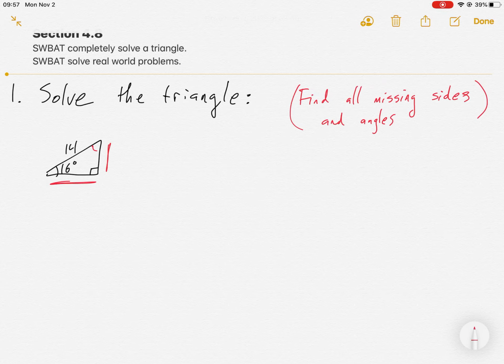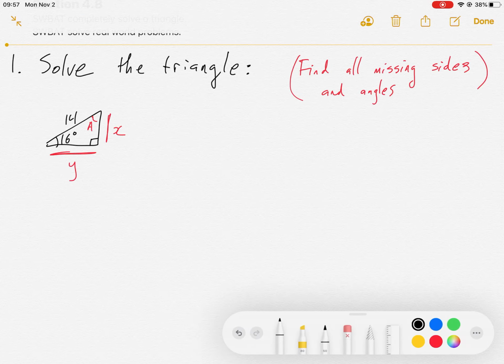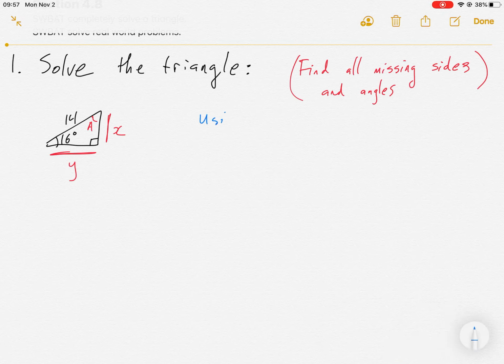So just to make it so that I have something I could actually solve for, I'm going to call this x and then this one y, and I'll call this angle up here capital A. Okay. So there's a few different ways to solve this. Most of what we're going to be doing is using trig functions. But a couple other options that we'll be using, one of them is that the sum of all angles in a triangle is 180 degrees.